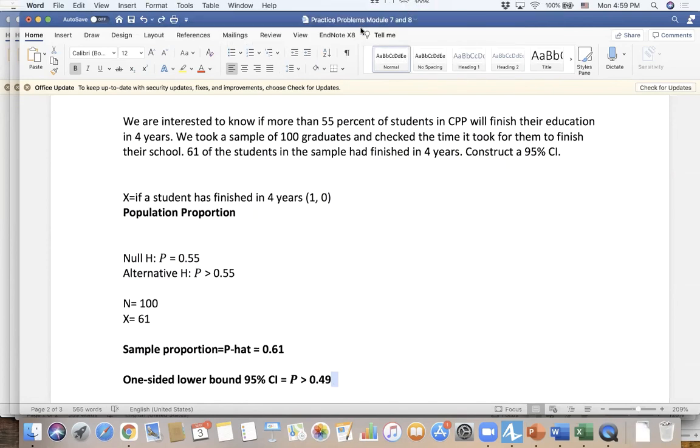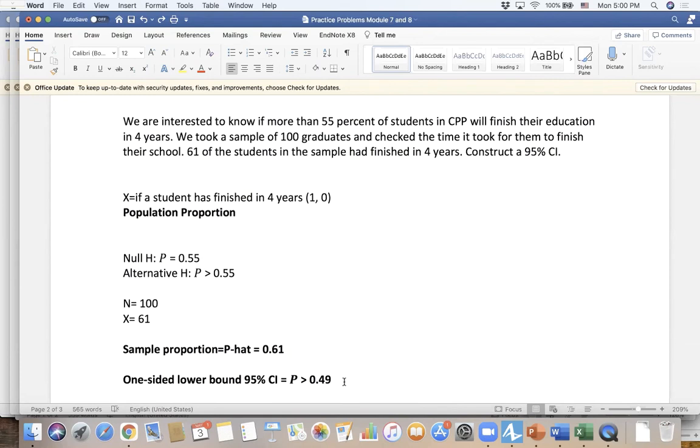Someone has asked, for this example, would we reject that the population proportion is greater than 0.5? We always say something about the null hypothesis, Carlos. We always say if we reject the null hypothesis or we fail to reject the null hypothesis. Right now, the null hypothesis says that P is 0.55.